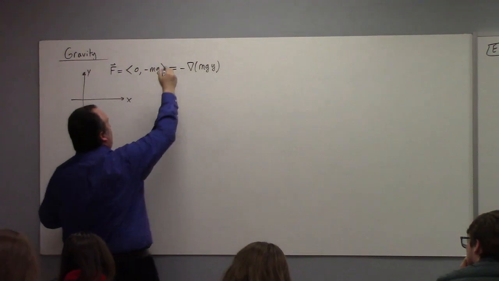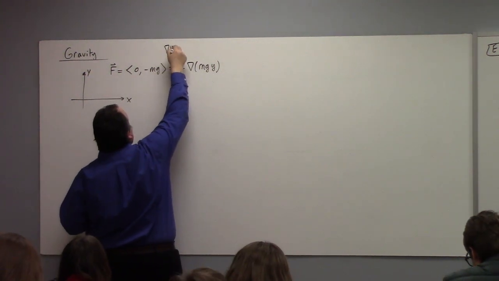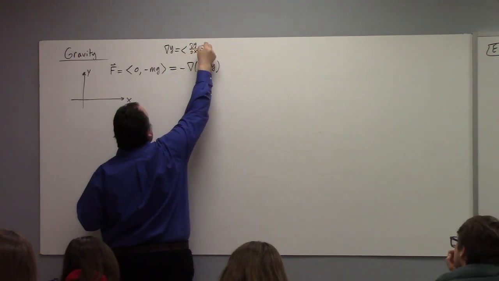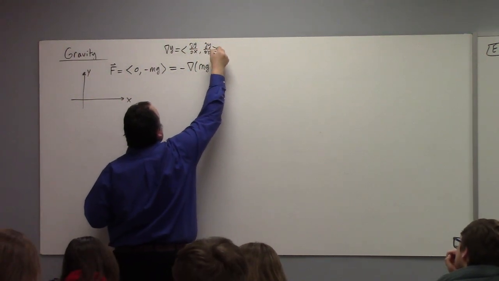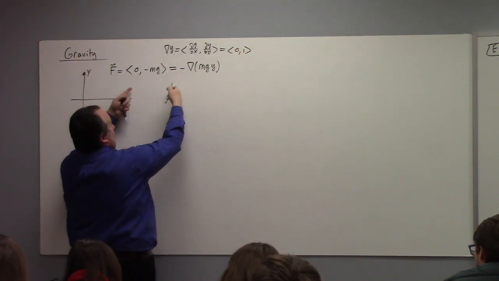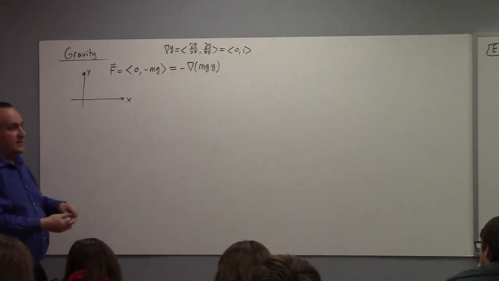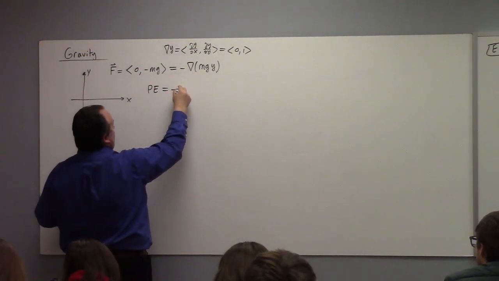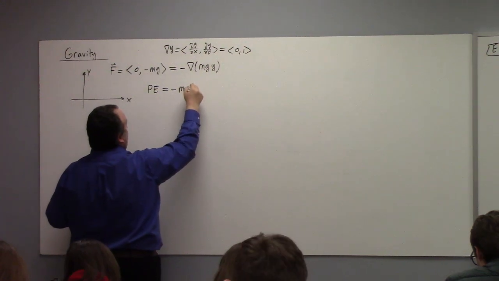Basically, the point is that the gradient of the y function is simply partial y partial x, partial y partial y, also known as 0, 1. So because of that, this is true. What this all means is that in this context, the potential energy due to gravity is just minus mgy.